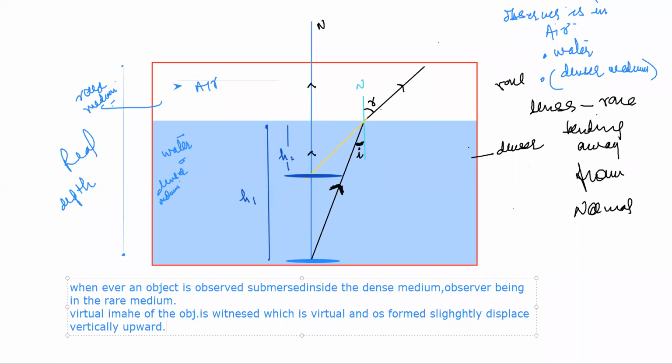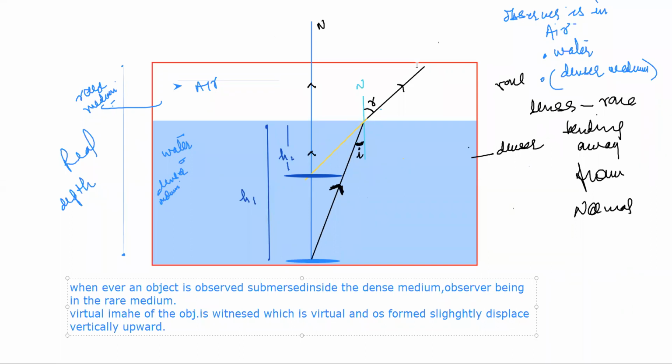Whatever changes gives us the comparison between the refractive indices of two media, because it is the difference in the density of the two media that causes such images to form, slightly upward or downward displaced, not at their actual position. I will discuss later the factors affecting the displacement in the position of the object. That will tell us the relation between the refractive index of denser and rare medium in terms of the apparent and real depth.